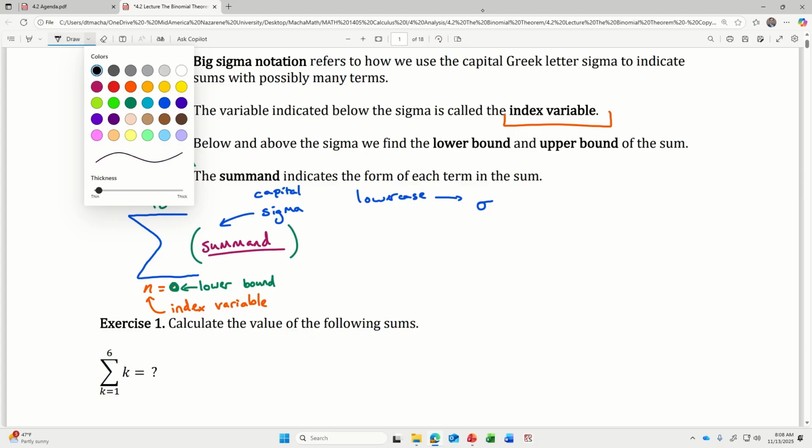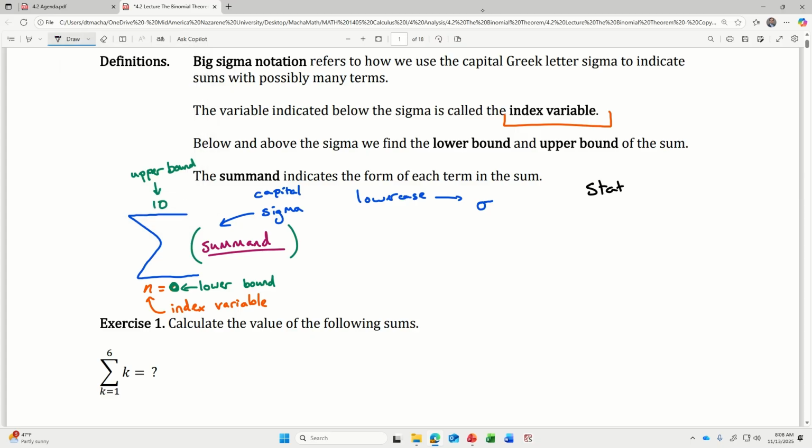One other place you see this is in statistics. In stats, we'll have some list of measurements, like x1, x2, x3, x4, and so on.